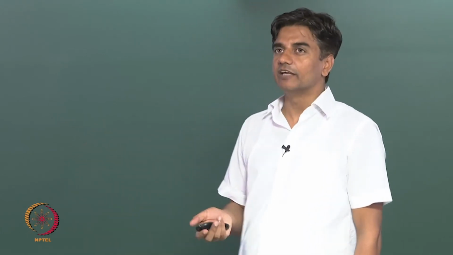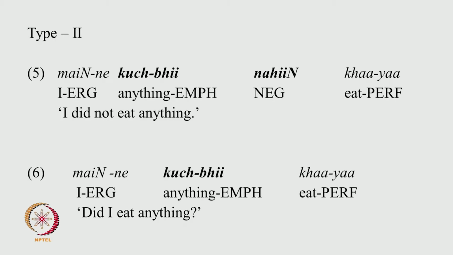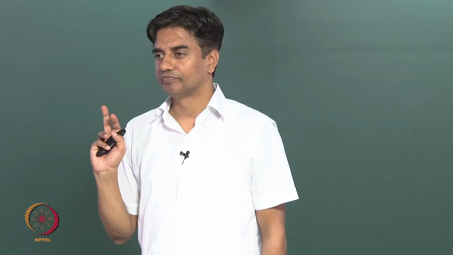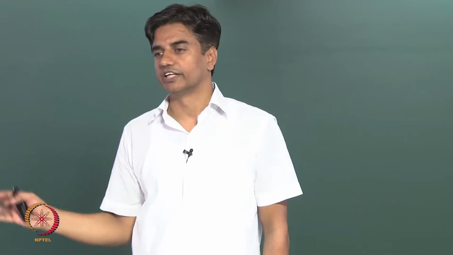In the second type, which is the one on the screen right now, a sentence is possible without negation, but not with the right interpretation. Okay? So, this is not a very strict kind of situation, whereas the first type is a very strict situation. You remove negation and everything is out, the meaning is out.